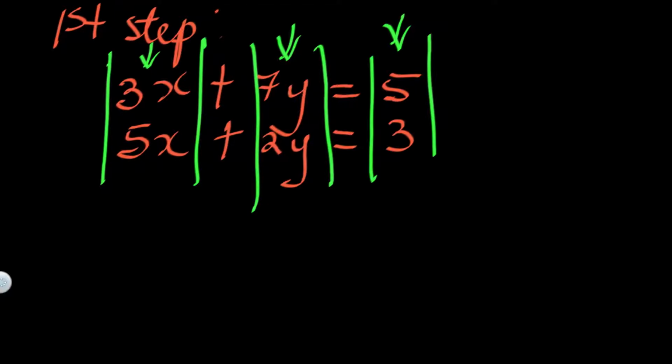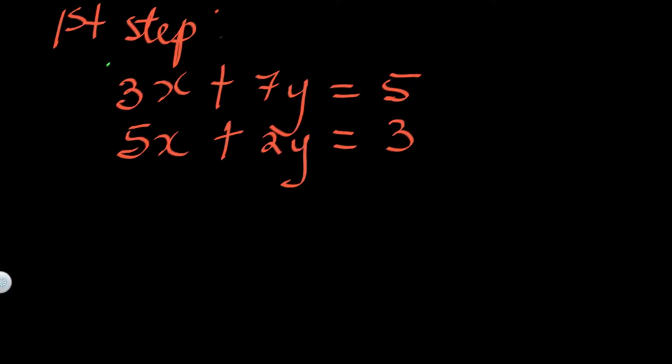Now, we have to write these deltas that I referred to. That's our step number 2. We write them and we evaluate them. Pay attention. I'm going to start with delta alone.